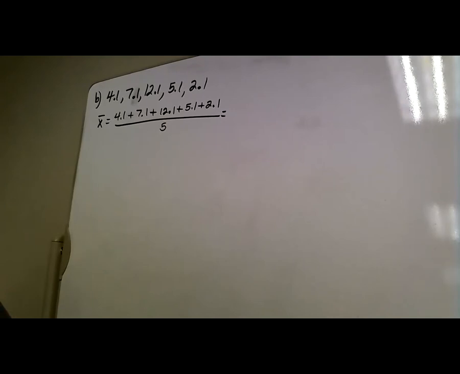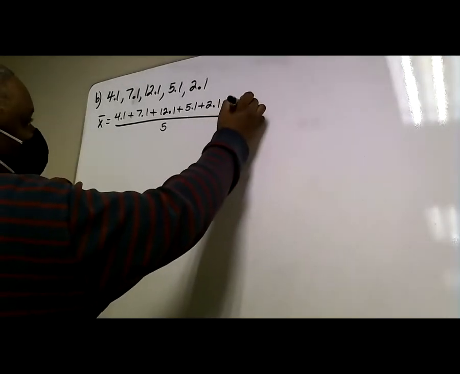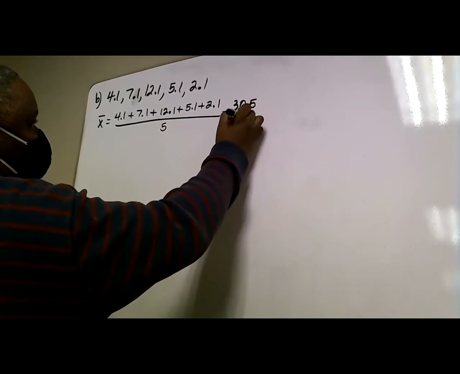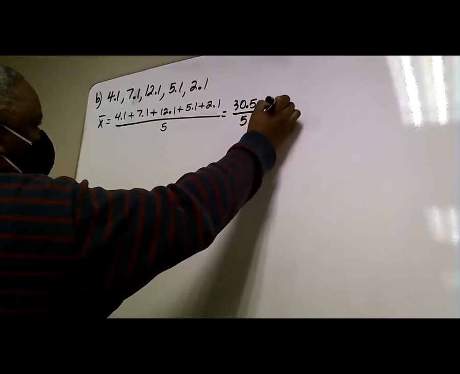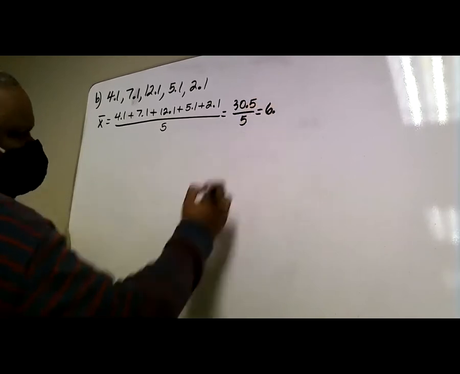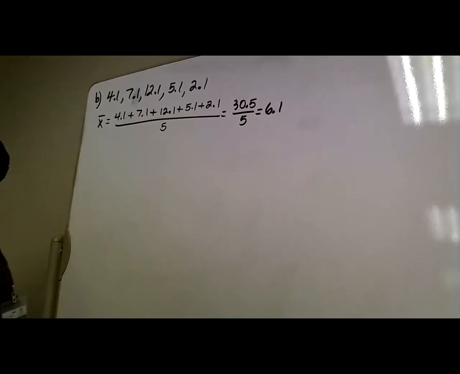What's the sum of those? 30.5. And 30.5 divided by 5 is 6.1. So the mean there will be 6.1.